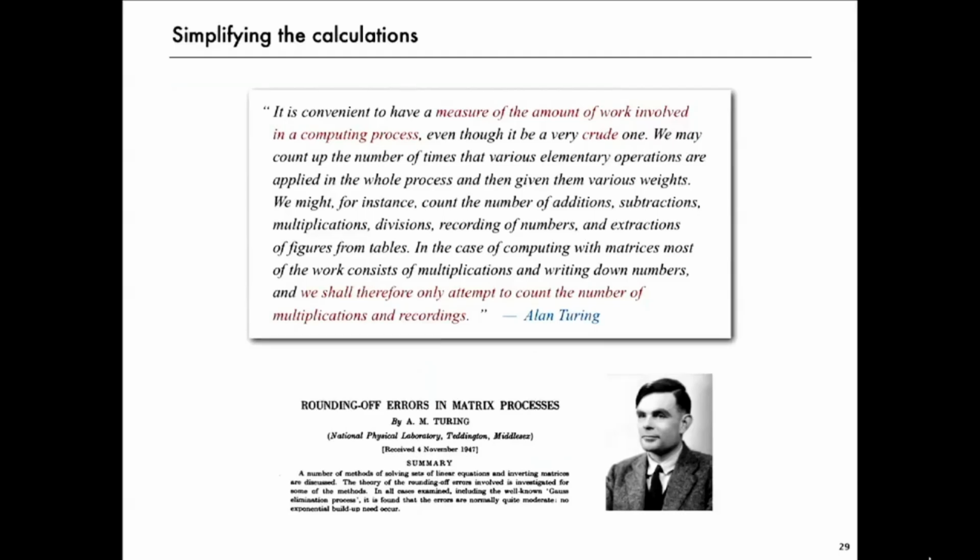As far back as Turing, who also knew, as well as Babbage did, that we want to have a measure of the amount of work involved in the process, he recognized that you didn't necessarily want to go through and do it in full detail. It's still helpful to have a crude estimate. So you could count up the number of times that every operation is applied, give it weights, and so forth. But maybe we should just count the ones that are most expensive. That's what Turing said in 1947.